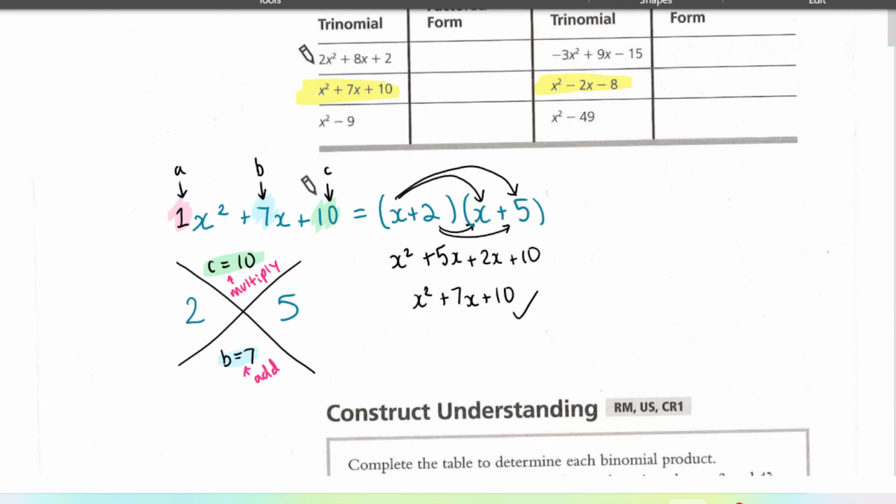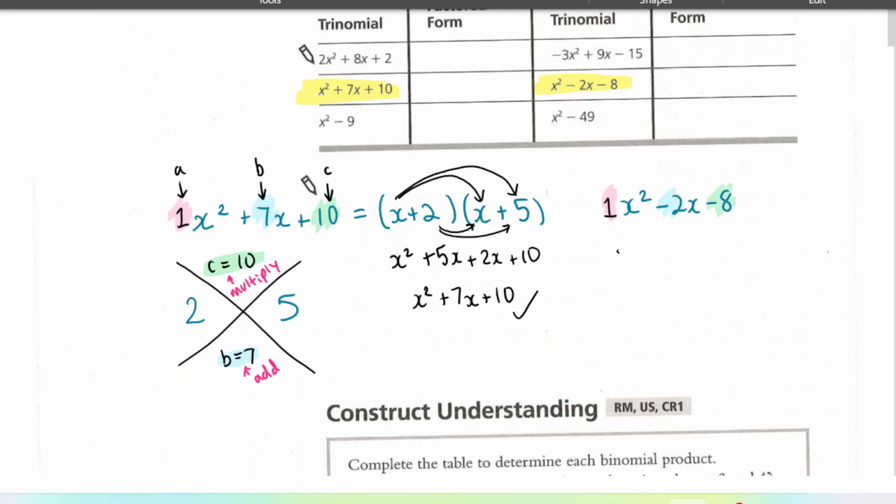Okay, let's do it one more time, and if you feel comfortable doing this and you don't need to see another example in the warm-up, you can go ahead and skip past this warm-up if you'd like to, but I'll do one more example. So our a here again is 1, our leading coefficient is 1, our b is -2, and our c is -8.